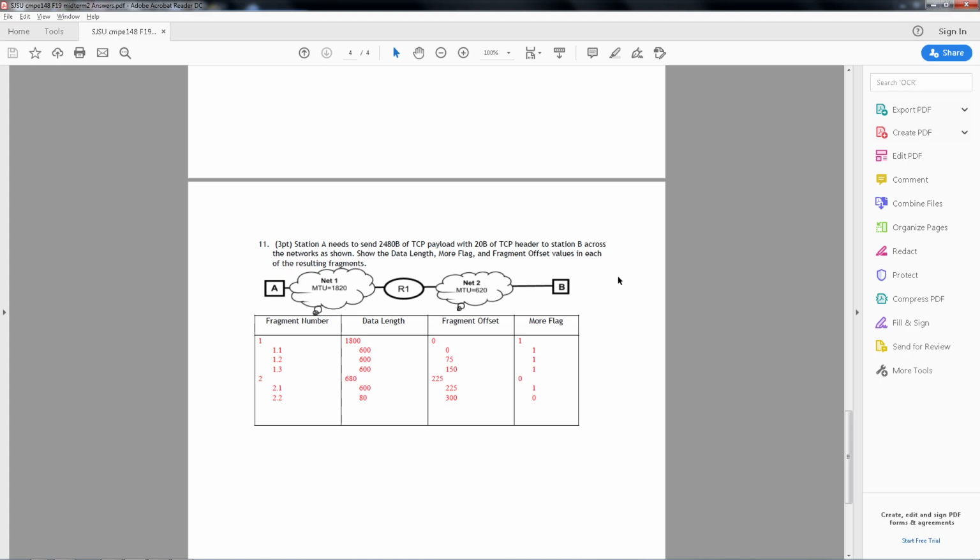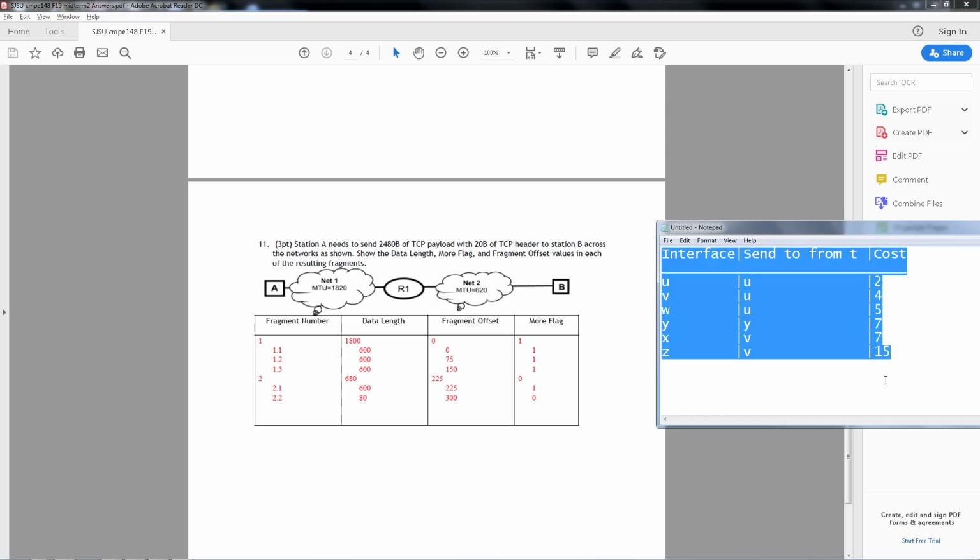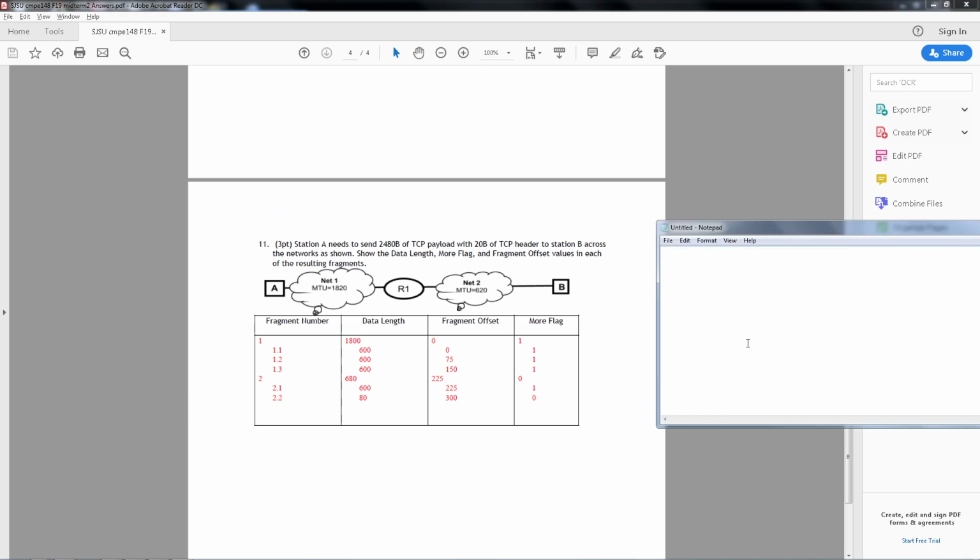Really, what you should be doing first is just work it step by step. So I'm going to delete all this real quick, and again, the first thing you should check is how many packets you need. Alright, how many packets do I need to send?